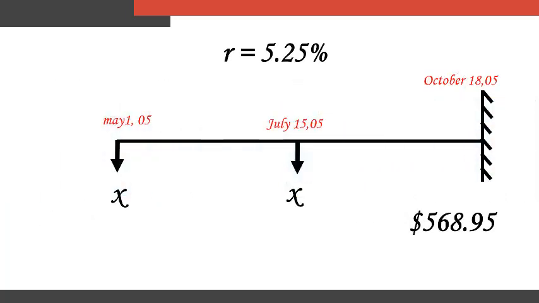Note that the time for the first payment is the distance between May 1, 2005 to October 18, 2005. And the time for the second payment, X2, is the distance between July 15 to October 18.